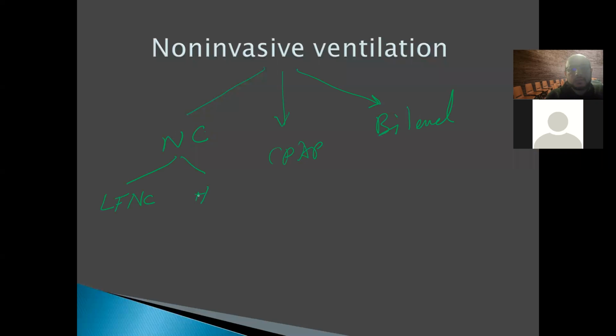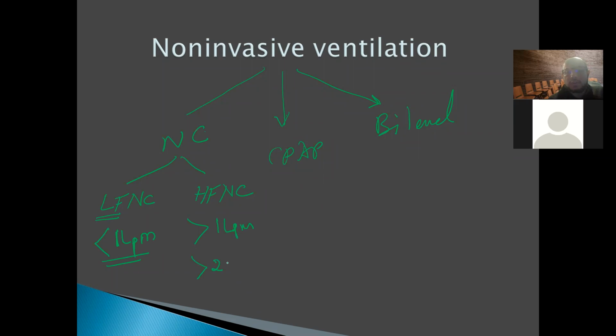I think we discussed this one, but just for repetition: high flow nasal cannula. The difference between high flow and low flow nasal cannula is the amount of the flow. If you are giving less than 1 liter per minute, that's called low flow nasal cannula. Anything above 1 liter per minute is called high flow.